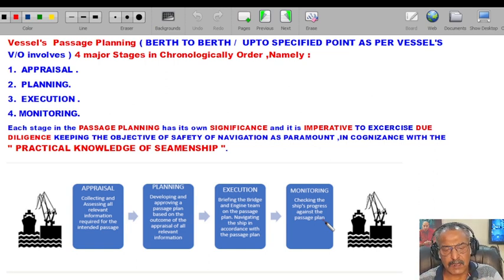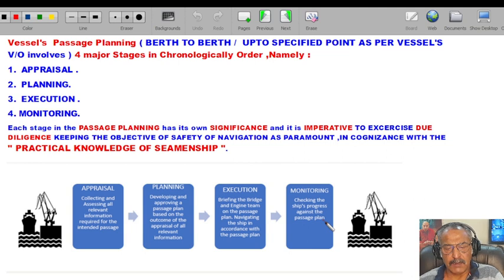Once all that is done, it has been concurred between the navigating officer and the master, that yes, if there's something else to be done, if not, then it is kind of a partial approval, because in the third stage prior to the execution, all the members are brought together and the whole passage is discussed, and feedback is taken in case some nitty-gritties or fine-tuning are involved.